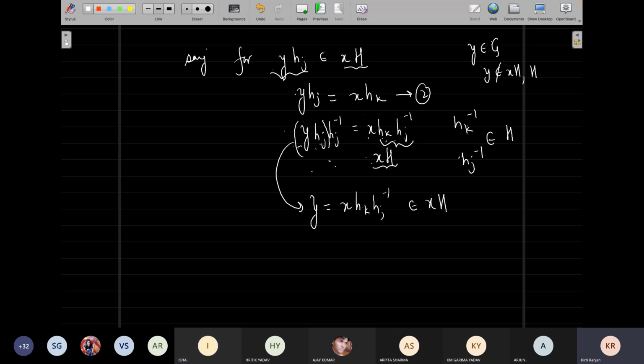But our original idea was that Y does not belong to XH, so by contradiction we have shown that none of the elements of YH can be in XH. Of course it cannot be in H, we already know that, but it cannot be in XH as well. So we have come up with something new.